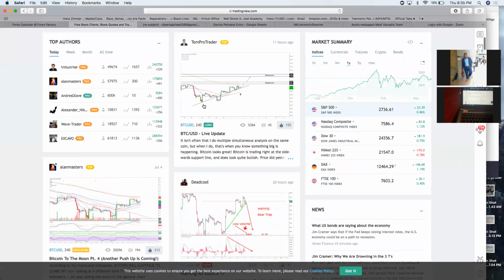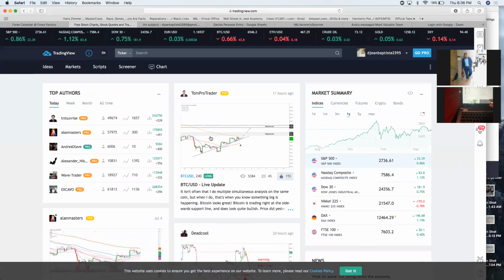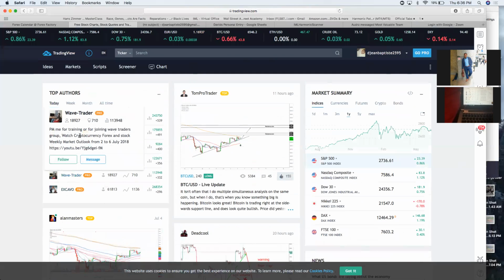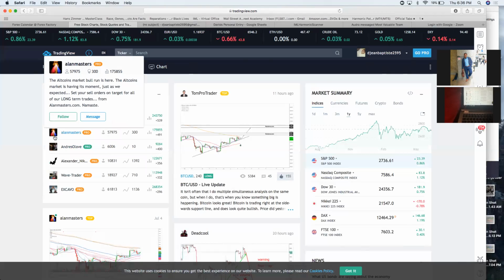So now let's scroll through TradingView. On the left side, you're going to see top authors. These are the individuals that usually give out their assessment or analysis of some of the pairs they're looking at. These individuals are very accurate when it comes to assessment and analysis.